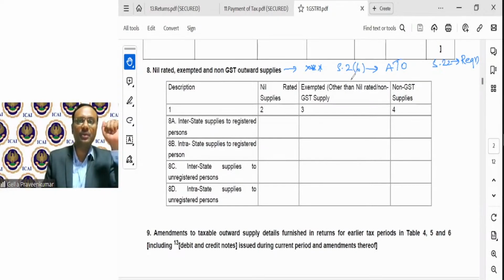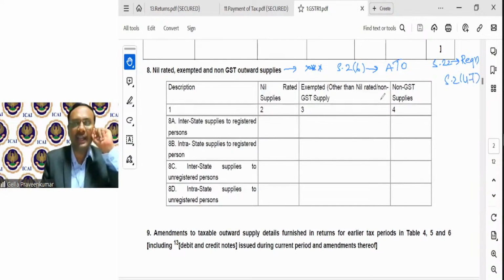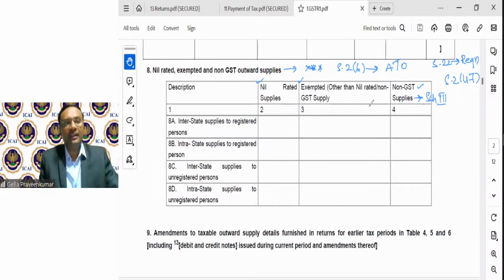For the purpose of Section 2, Clause 6, I also made you study Section 2, Clause 47, which deals with exempted supply. So here they're asking about nil rated supply, exempted supply, non-GST supply. Non-GST supply is your Schedule 3 transactions. Now, why am I saying table number 8 is important?